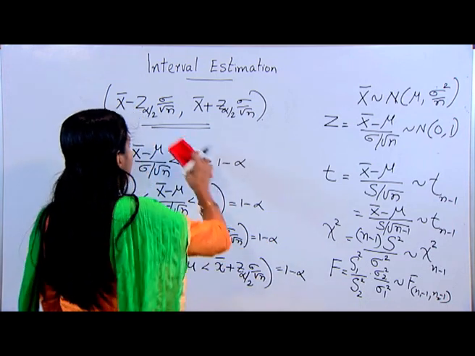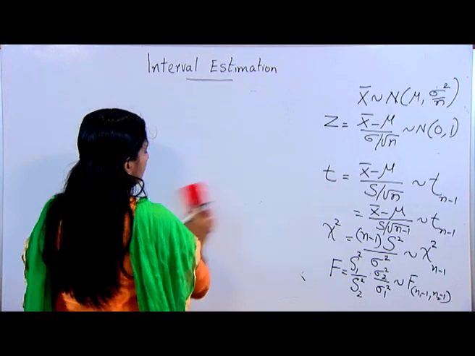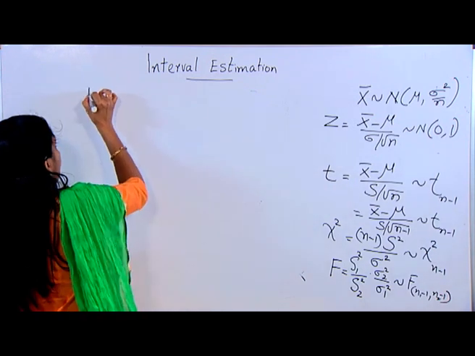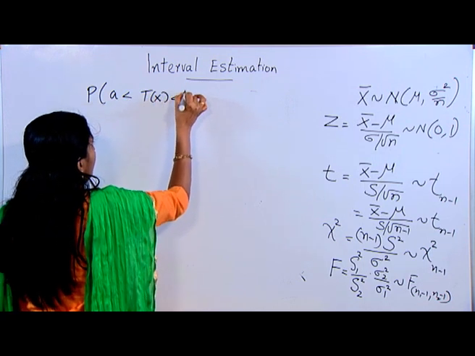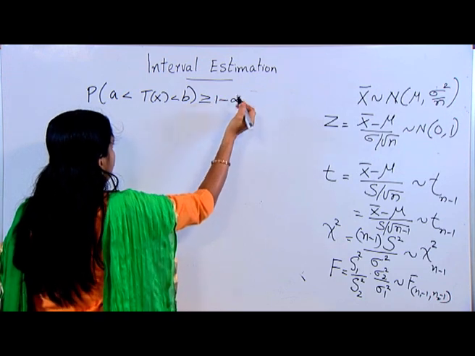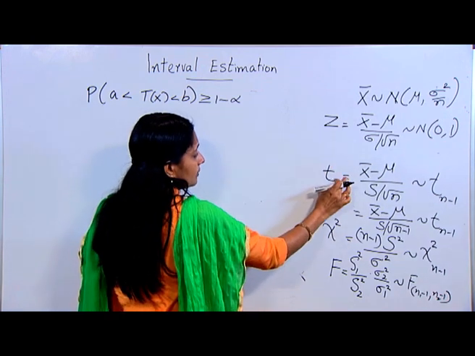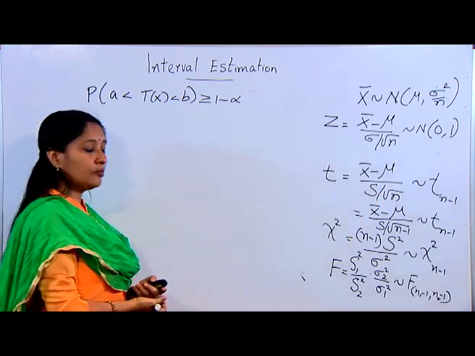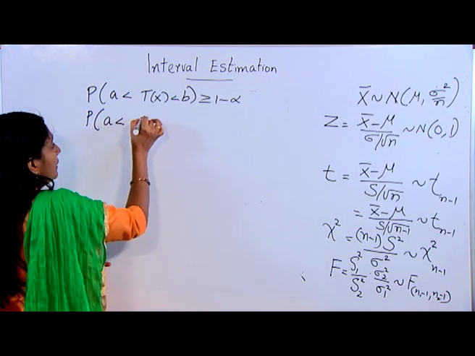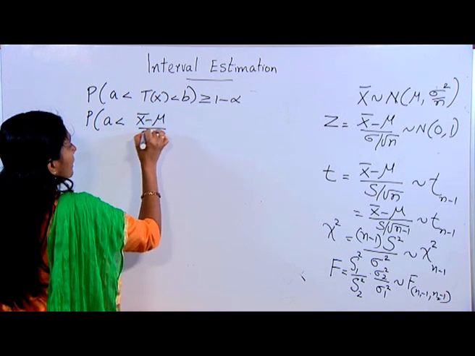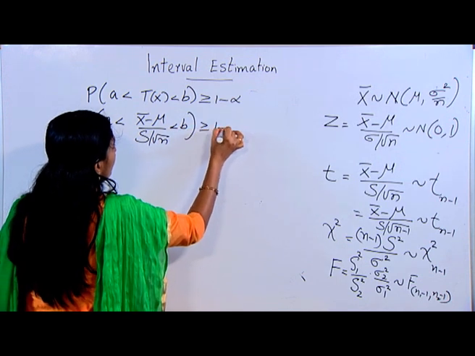Then the probability of a less than T(X) less than b is greater than or equal to 1 minus alpha. Since sigma is unknown, we use the statistic T(X) equal to (X bar minus mu) by (S by root n). Therefore, the probability of a less than (X bar minus mu) by (S by root n) less than b is greater than or equal to 1 minus alpha.